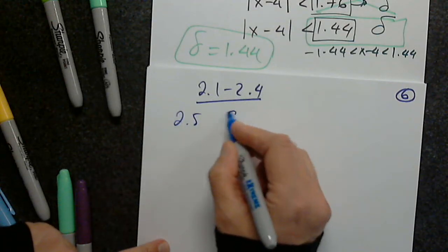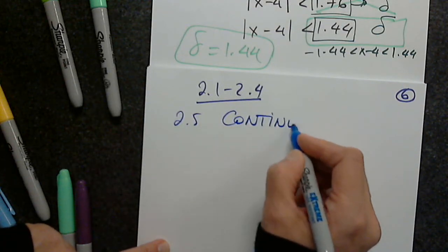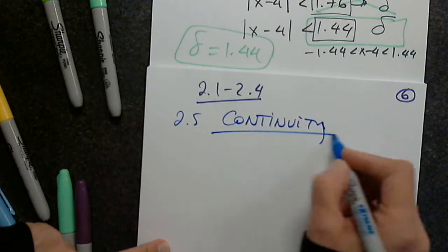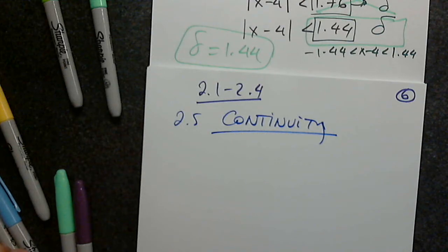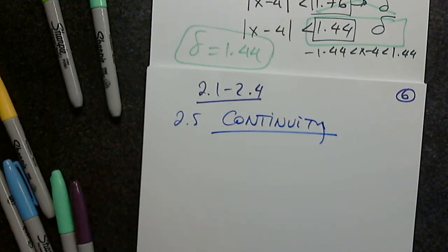Okay, 2.5, famous continuity. Why is it famous? It's because it's a very important topic. And the swapping of those operators is possible only if the functions are continuous.